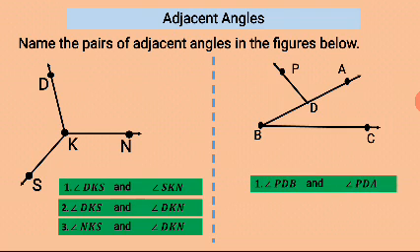So here one pair, angle PDB and angle PDA. Only one pair of adjacent angles here, because B is not a common vertex, D is a common vertex of angle PDB and PDA.